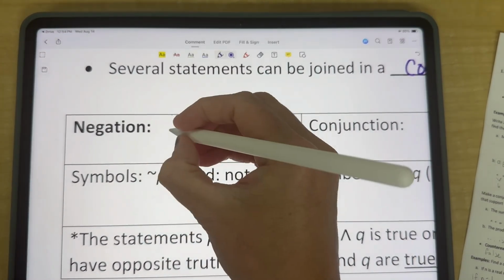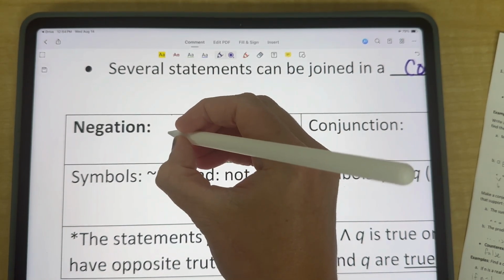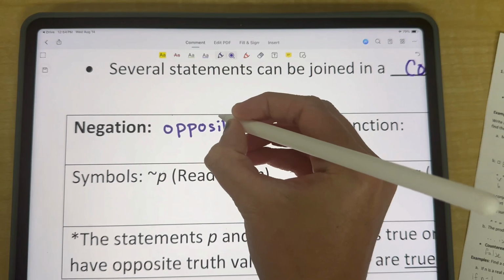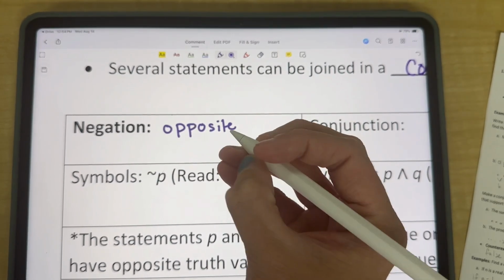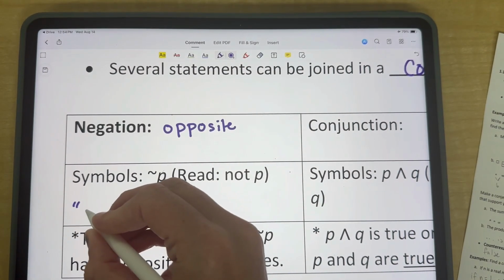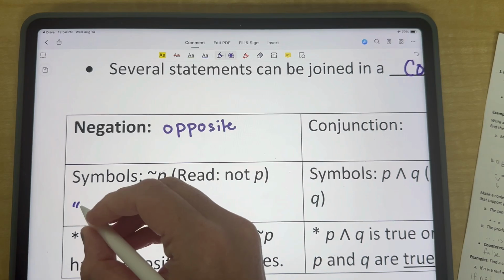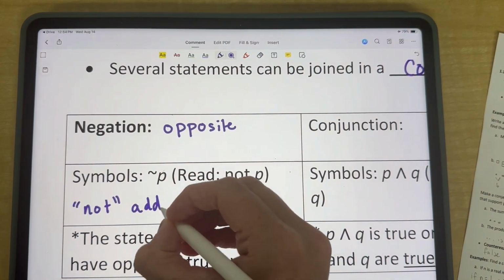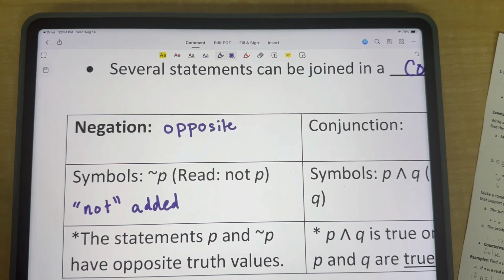So again, a lot of times people want to put the word not, but actually you write the opposite of whatever is given. So a lot of times it is adding the word not, but there will be some rare times when you have to take away the word not.